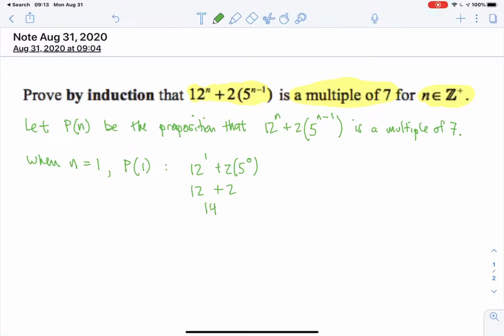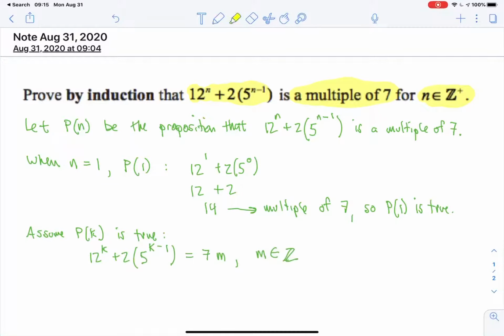And this is a multiple of 7, which shows that p of 1 is true. The next part of math induction is to assume that p of k is true. And in words, or using our proposition, we can write a statement of what this means.